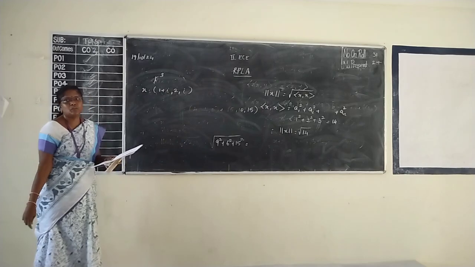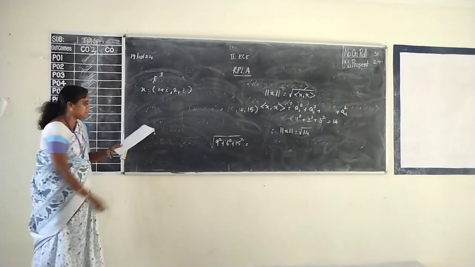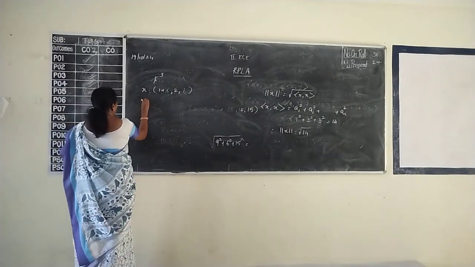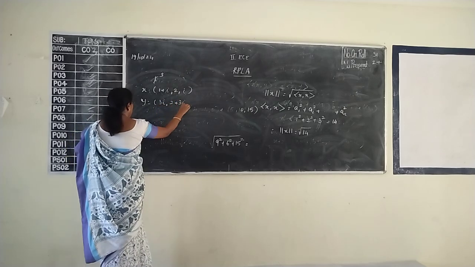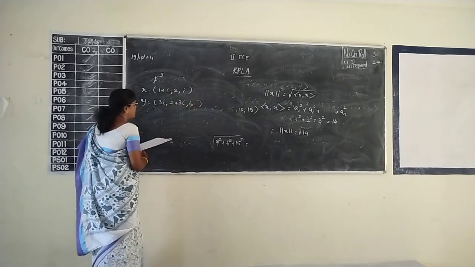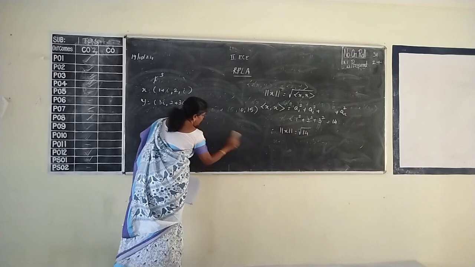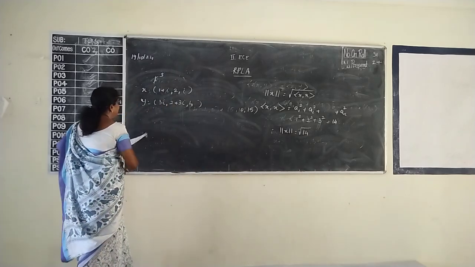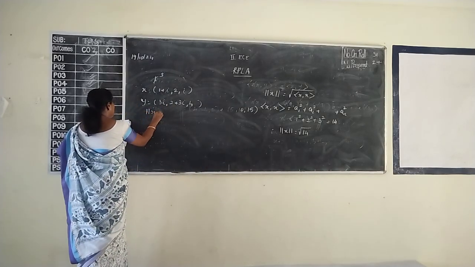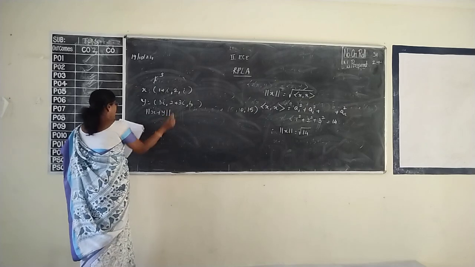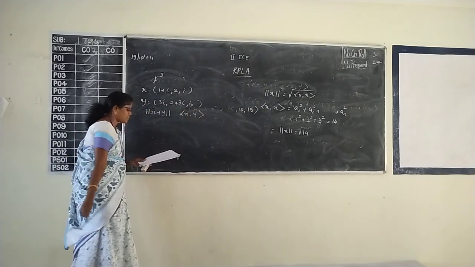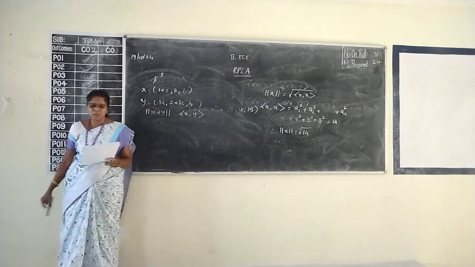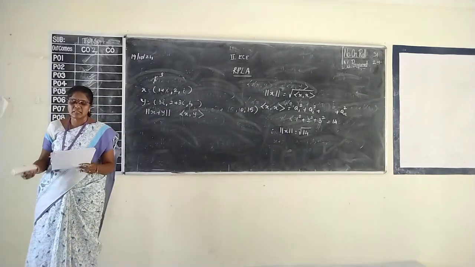Complex system. y equal to 3i, comma, 2 plus 3i, comma, 4. Find norm of x plus y and inner product of x comma y.